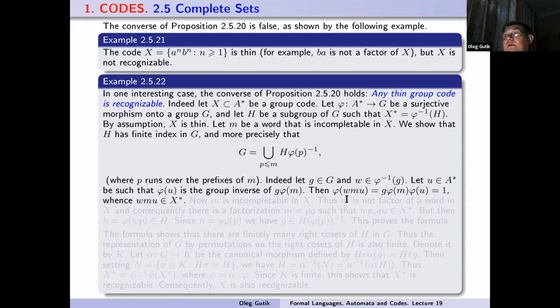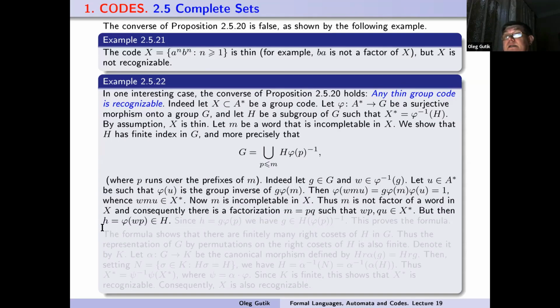Then phi of the word w m u is equal to g phi of m phi of u, which is equal to 1. Hence w m u belongs to the monoid generated by the set X. Now, the element m is incompletable in X. Thus m is not a factor of a word in X, and consequently there exists a factorization m equal to p multiplied by q, so that w p q u belongs to the monoid X star.